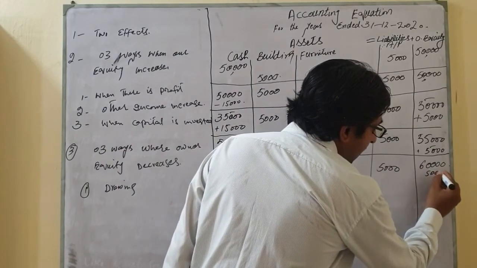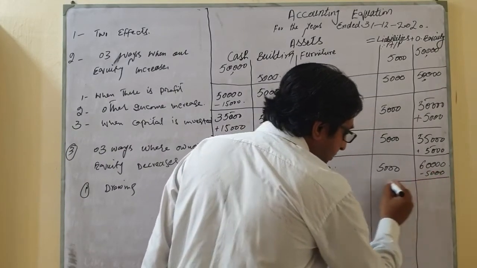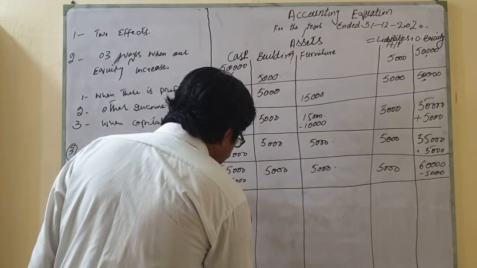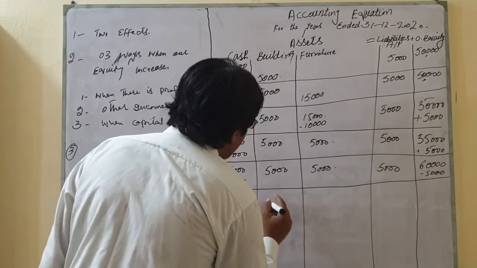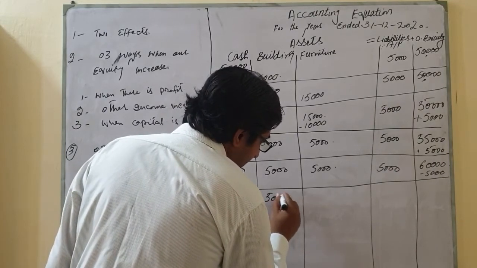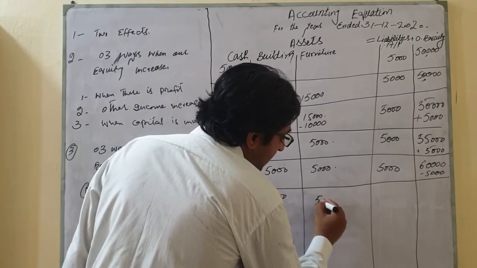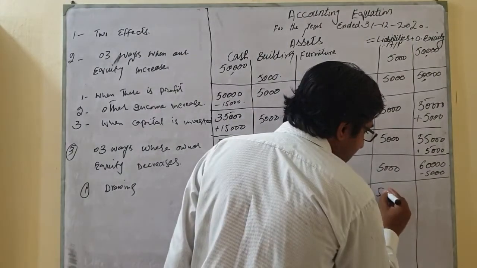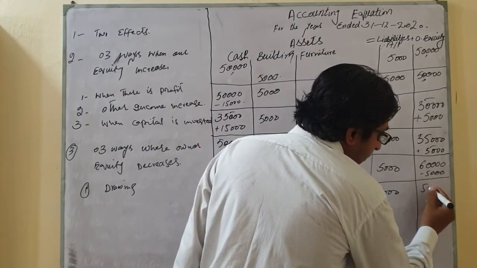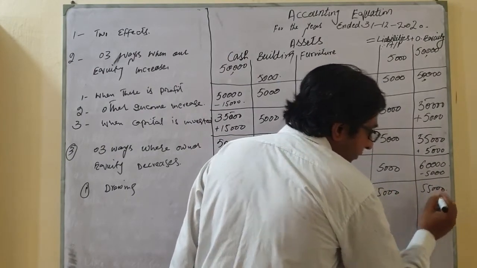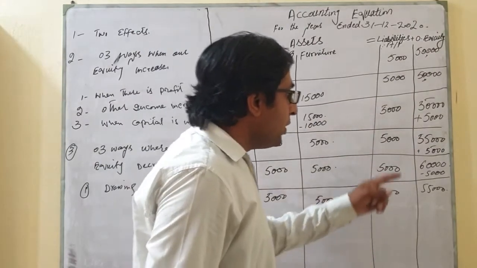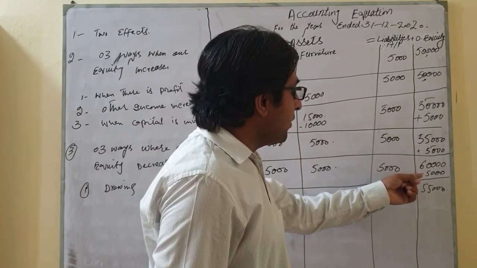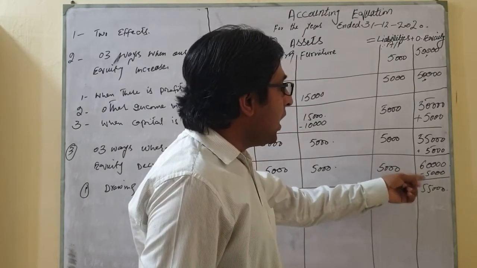On the other hand, our equity will decrease $5,000. So we take the balance again. Our cash now is $50,000. Building is $5,000. Furniture is $5,000. And liability account payable is $5,000. While owner equity is $55,000.